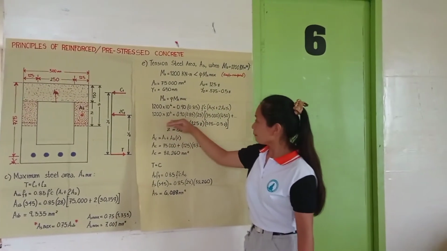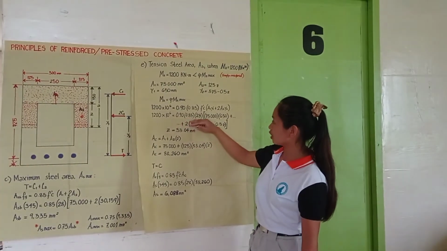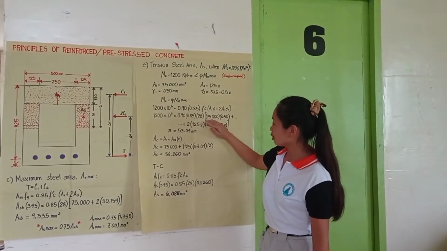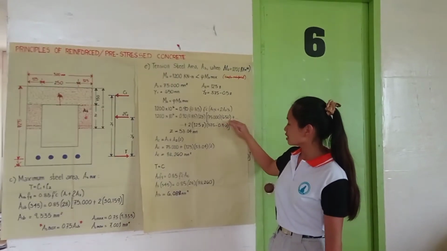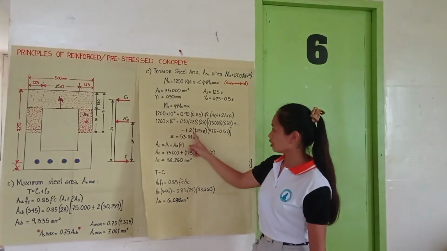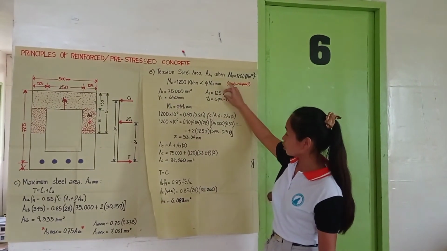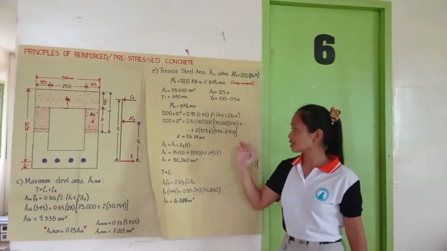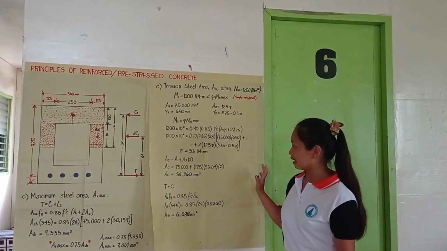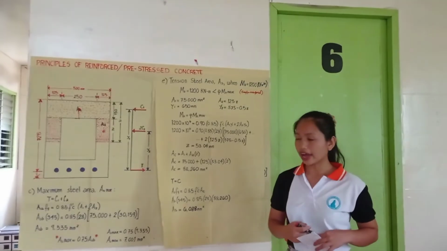Rewriting it again: 0.90 times 0.85 times 28 for our compressive force, A1 75,000, Y1 650, plus 2 times area 2, that is 2 times 125Z, times 575 minus 0.5Z, that is for our Y2.